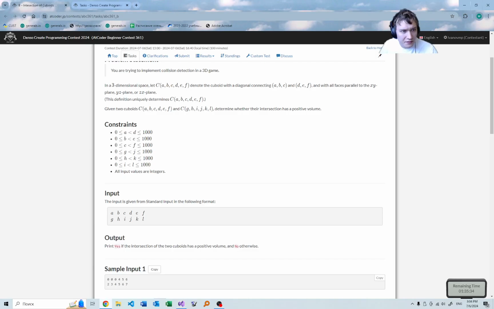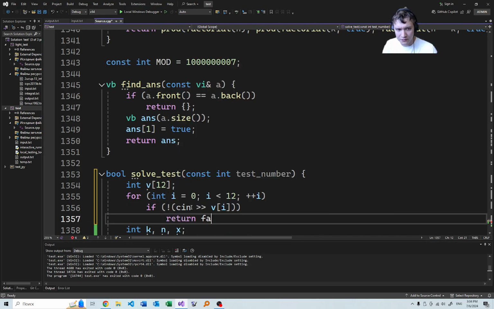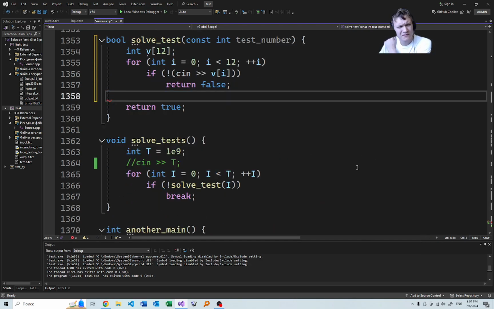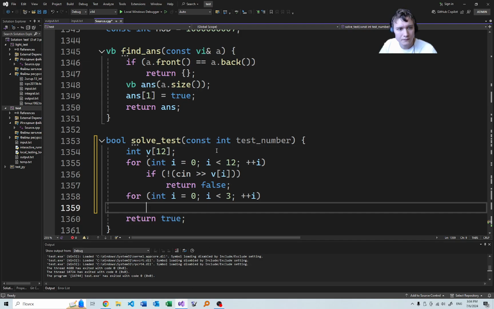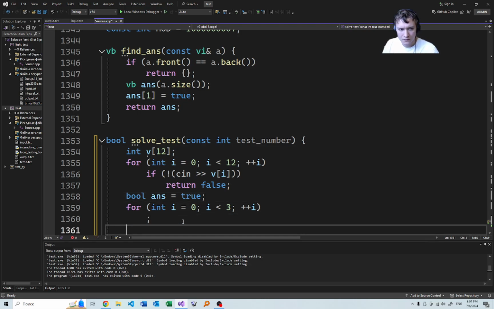Can I read it in int? Yeah. So if read vi returns false. Okay, so what do I need to check? Yes or no? Yeah, yes or no.